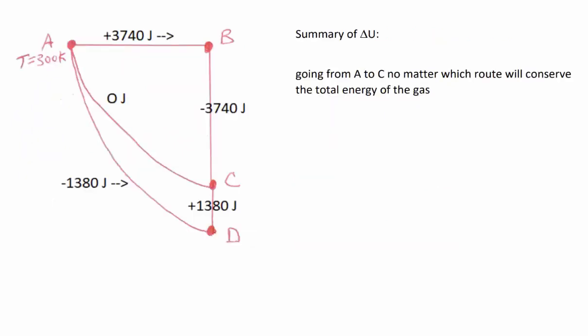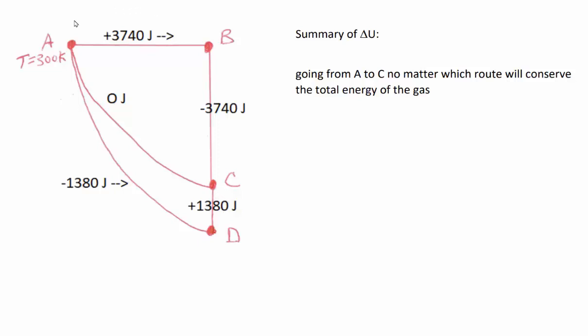So let's sum this up. First, let's consider all of the energy changes, the total energy changes for each of these paths. And going from A to C, no matter which route, the total energy remains constant. So if you go directly from A to C, it's a change of 0 joules. But if you go through D, the gas is going to lose 1380 joules, but then in the process of heating back up to a temperature of 300 Kelvin, it'll gain 1380 joules.